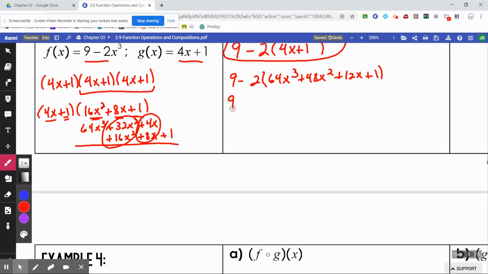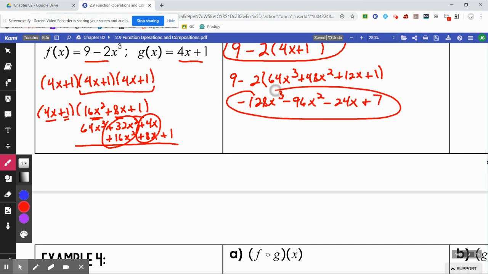Let's distribute our -2. That'd be -128x to the third, -96x to the second, -24x, and -2. Our last step would be to combine these like terms, and instead of rewriting the whole thing, a +9 and a -2 would be a +7. Let me just erase them and put that +7 to save us from having to write it all again.